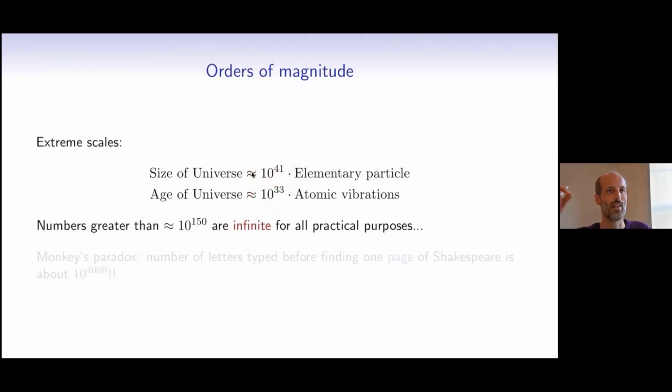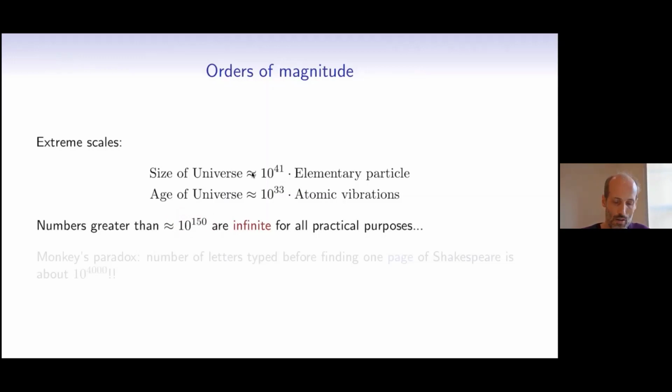So if I take the whole history of the whole universe and chop it into pixels, where a pixel is the smallest length you can possibly imagine for the smallest duration you can possibly imagine, then the total number of these pixels, which describes the whole history of the whole universe, would be about 10 to the 150.